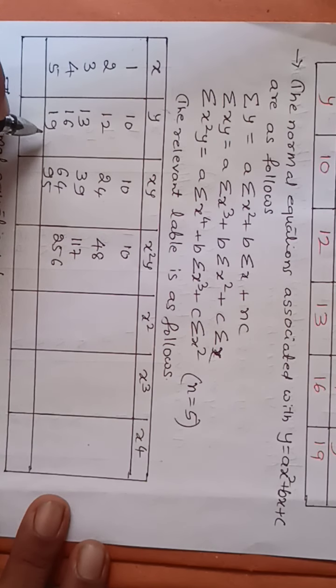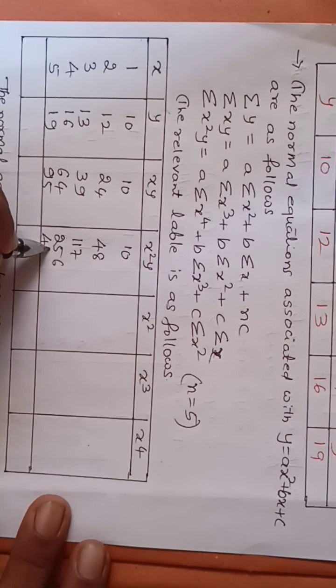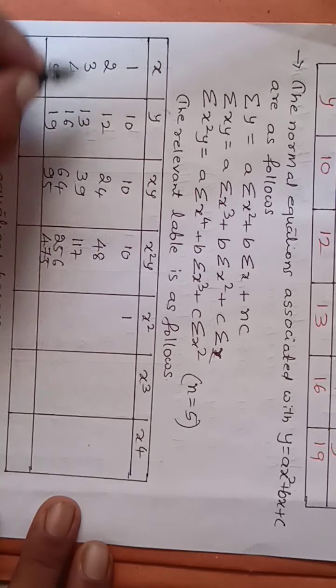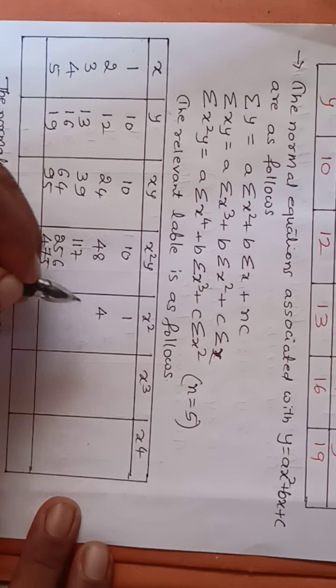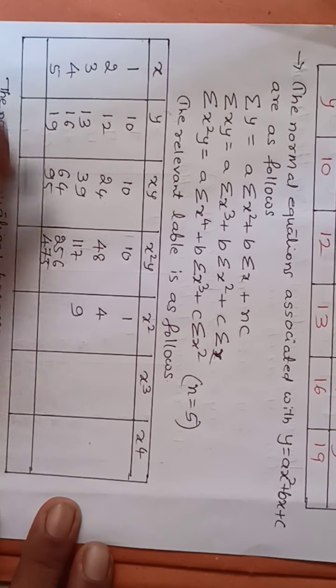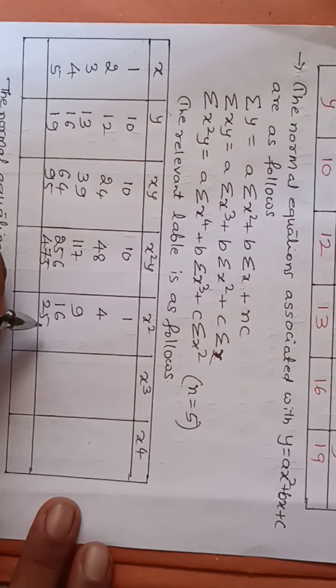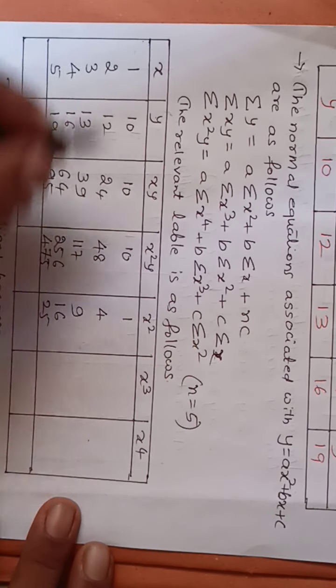Next, 25 into 19, it is 475. So x square we have calculated here: 1, it is 4, 9, 16, 5 into 5, 25.